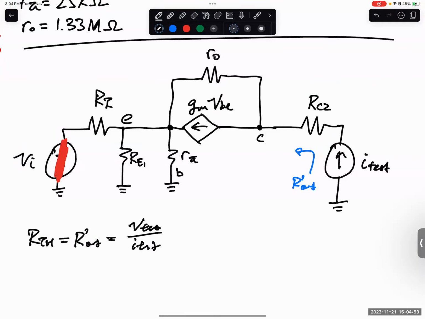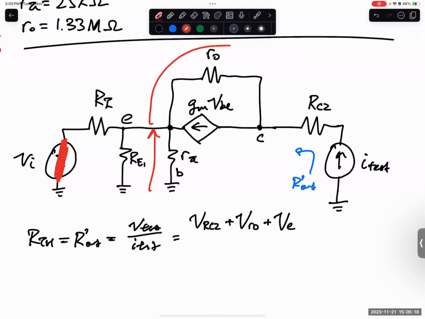So V test equals voltage across RC2 plus voltage across R0 plus voltage at E. This is everything, right? So I build up from ground to E, and then E across to C, and then C to V test.